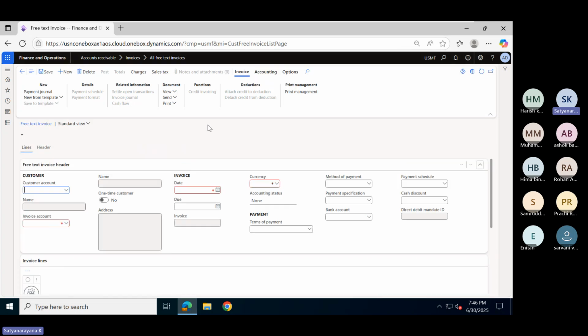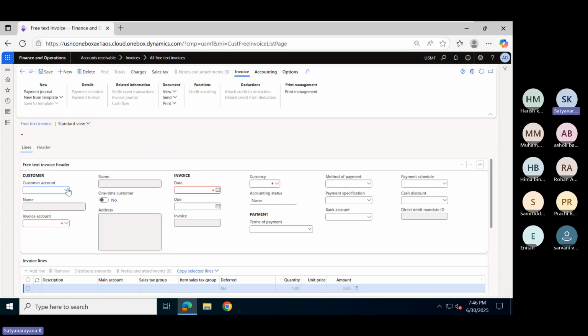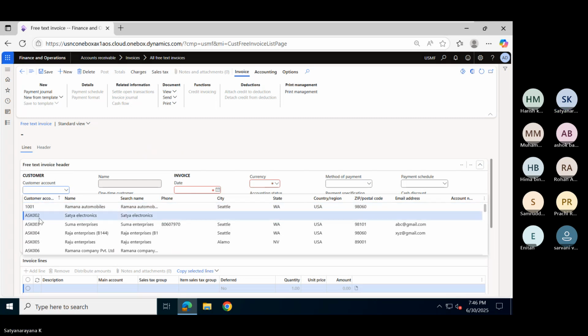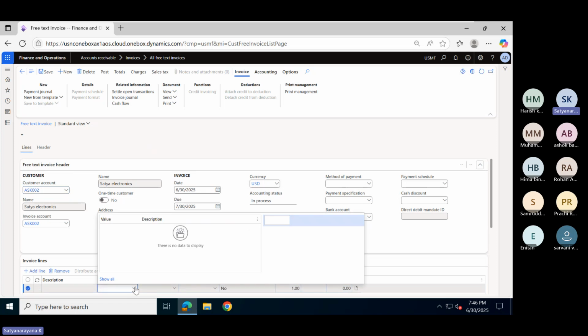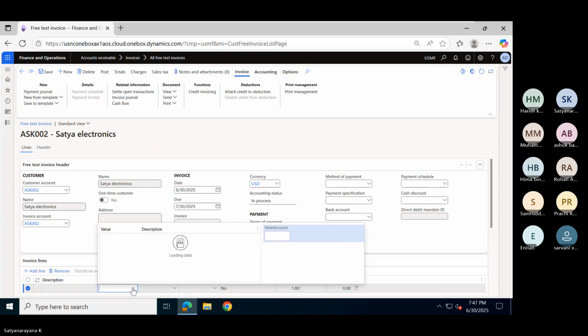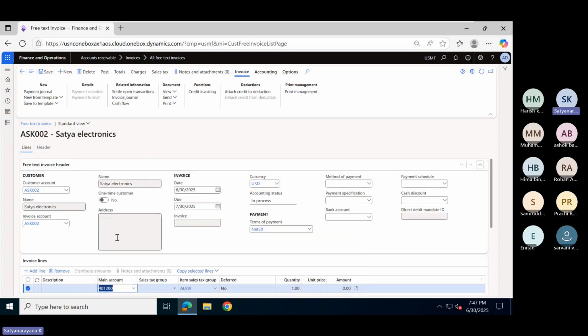Select the customer and select the revenue account. Here there are terms of payment, methods of payment, cash discount. All these things you will understand slowly. Okay, now I'm selecting the revenue account. Now suppose $50.